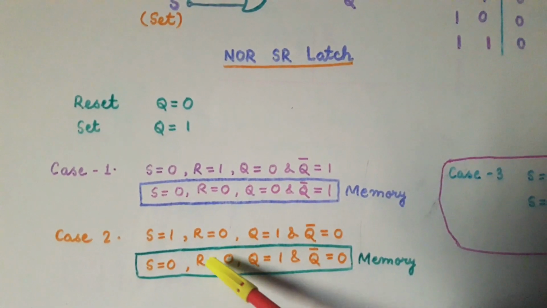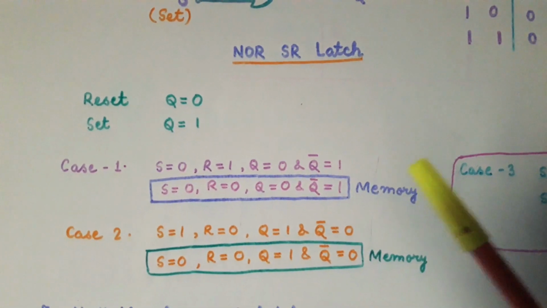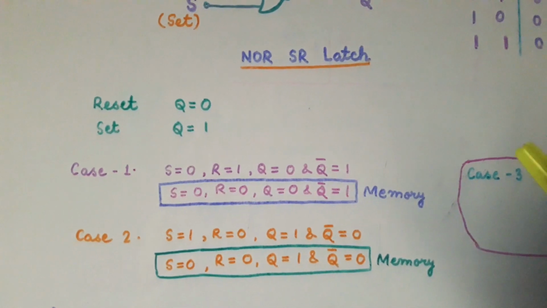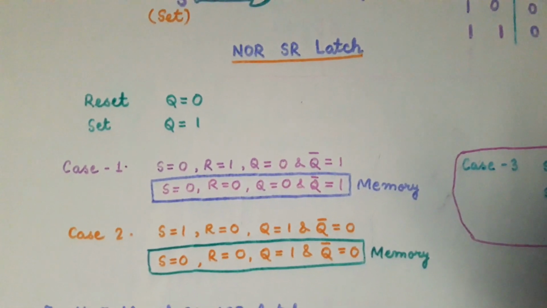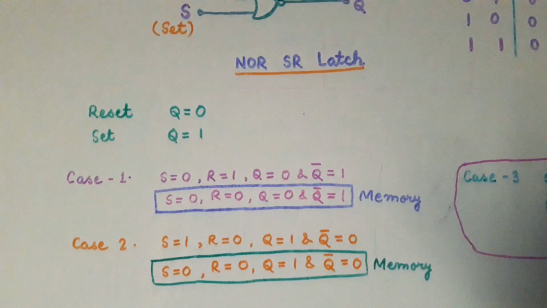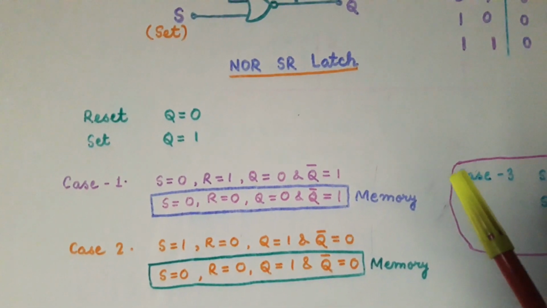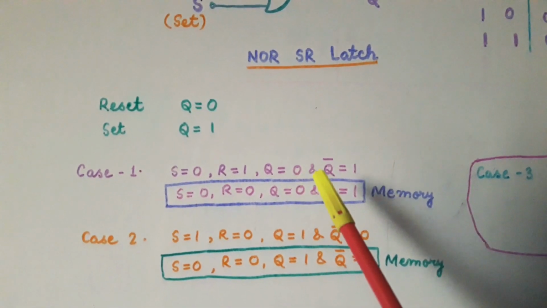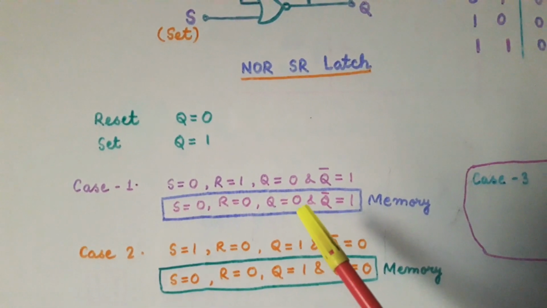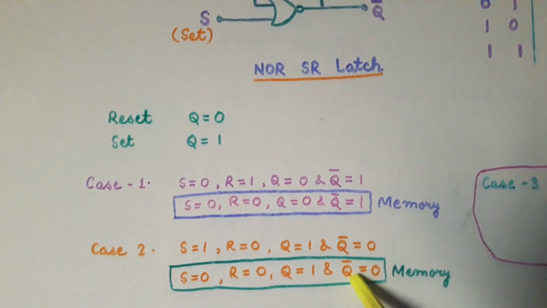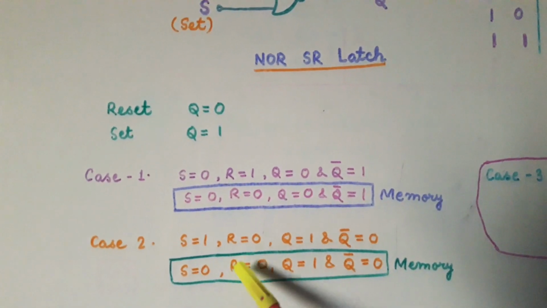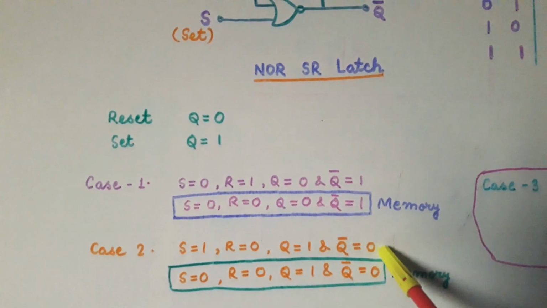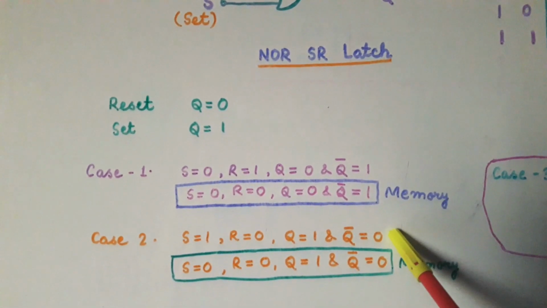If any input is 1, then we don't need to see the other input, because in the case of a NOR gate, whenever any one input is equal to 1, the output is going to be 0. So in this case the value of Q bar will be equal to 0, because the value of S is 1, so Q will be equal to 1 and Q bar will be equal to 0.